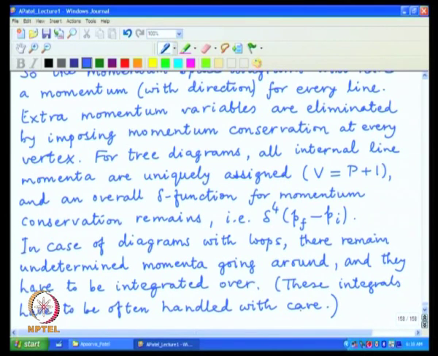We have not seen anything like the loop diagram picture so far, but when it occurs and we will see some examples, you have to be careful in how you deal with these integrals over momenta.